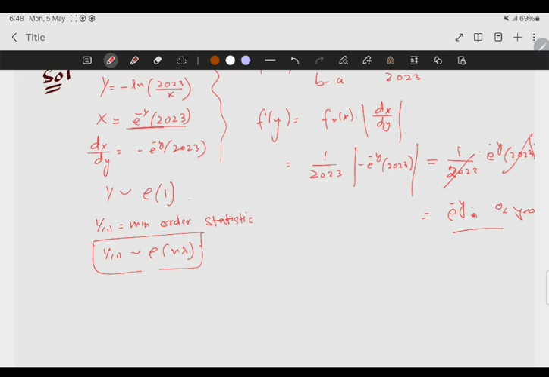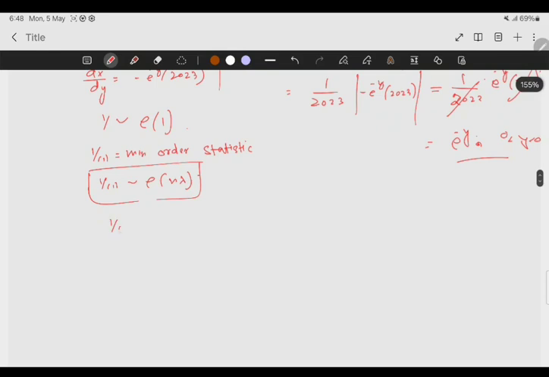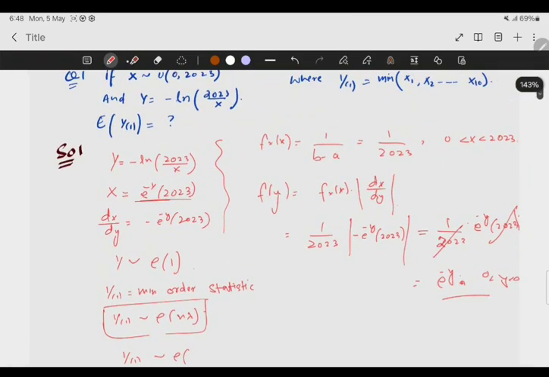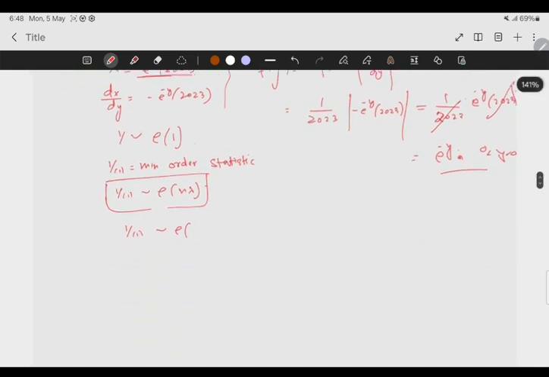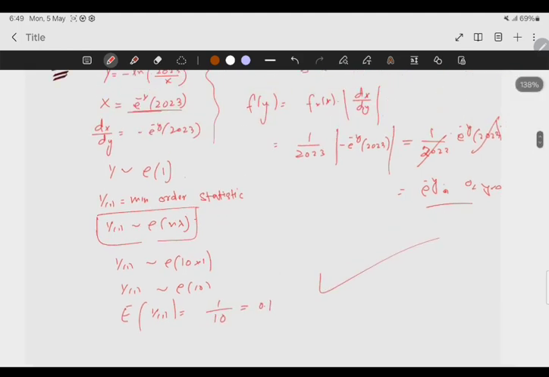You have studied this theorem in the exponential distribution as well as in order statistics. What's n? You can see n is 10. What is lambda? Lambda is 1. So Y1 will follow exponential 10. So expectation of Y1 will be nothing but 1 upon 10, that is 0.1. So this is question number 1.